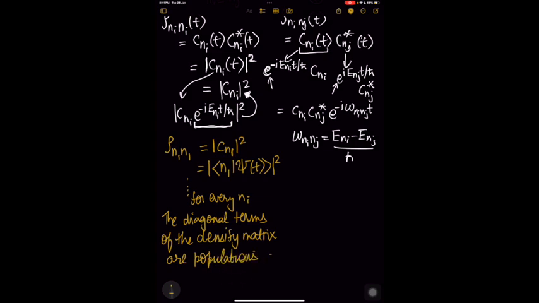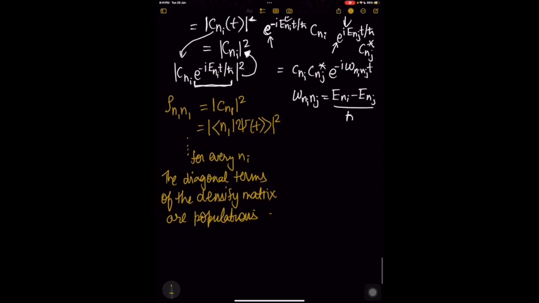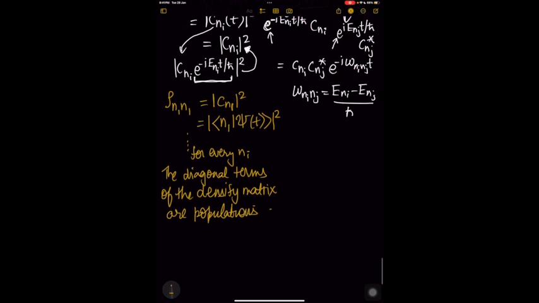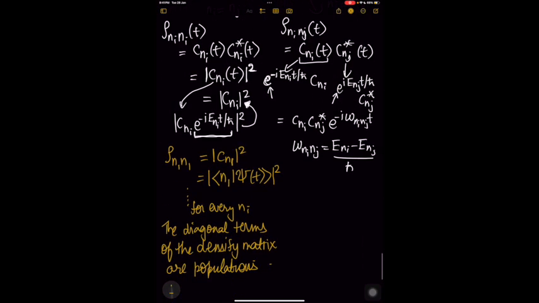and as is evident, your quantum system needs to be found in at least one of the states. So the sum of all the probabilities would be 1.